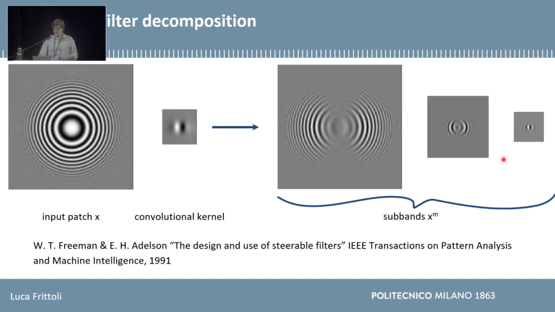This procedure is repeated for several convolutional kernels with different orientations, so as to extract all the edges, all the important features of the texture. And this results in a certain number of subbands, which we indicate by X_m.